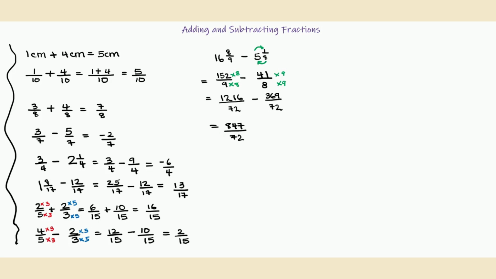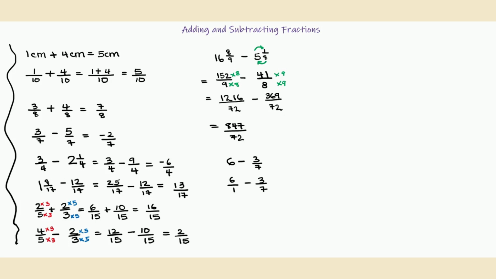Another example with a whole number is 6 minus 3 over 7. Now remember that we can change our whole numbers to have a denominator of 1. So this is 6 over 1 minus 3 over 7.